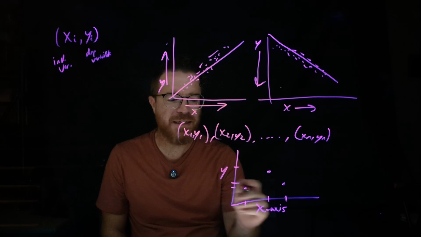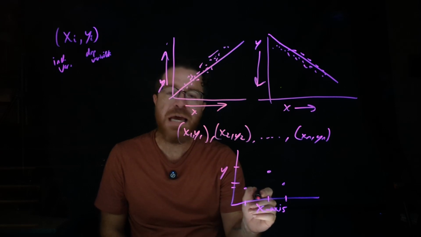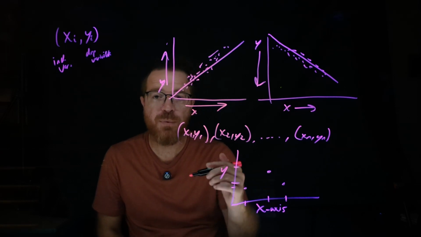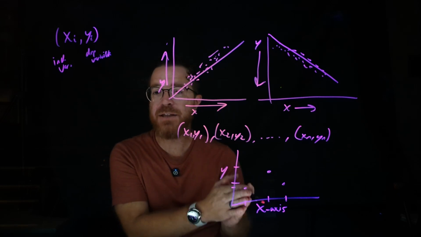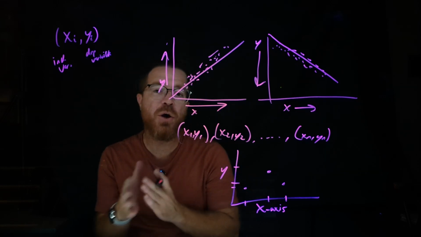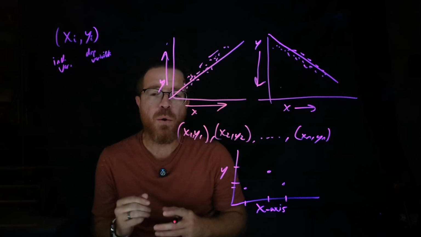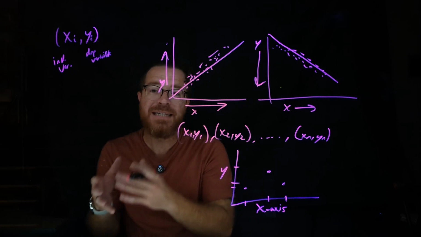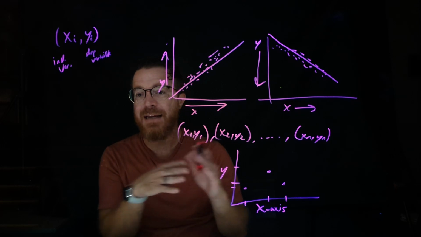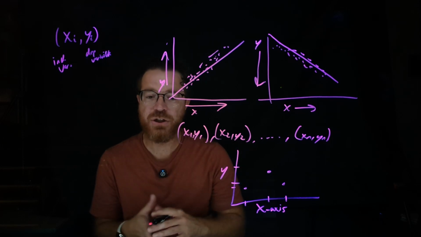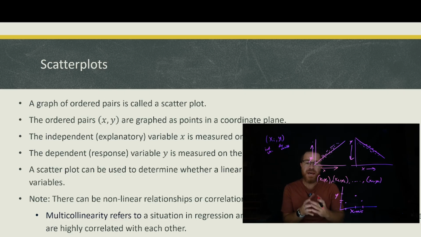Basically, as this x value changes, is there some relationship with the y value that changes in a linear fashion? As x goes up, does y seem to go up by a certain amount? Or as x increases, does y seem to go down by some amount? And can this be described by a line, hence the linear relationship? I do want to note here, though, that non-linear relationships or correlation between multiple variables can exist.